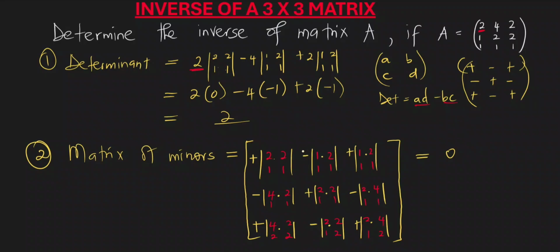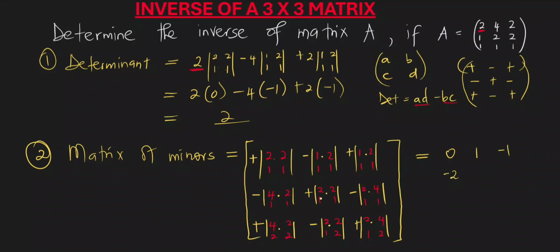Then minus 1 times this minus, we get a positive 1. Then 1 minus 2, we get minus 1. Then we go to this one, that's 4 minus 2, because 4 times 1 is a 4, 1 times 2 is a 2. So 4 minus 2, we get a 2, times this negative sign, it becomes minus 2.